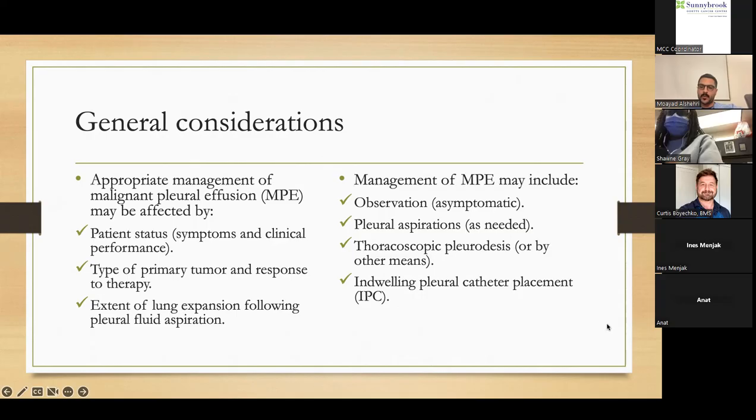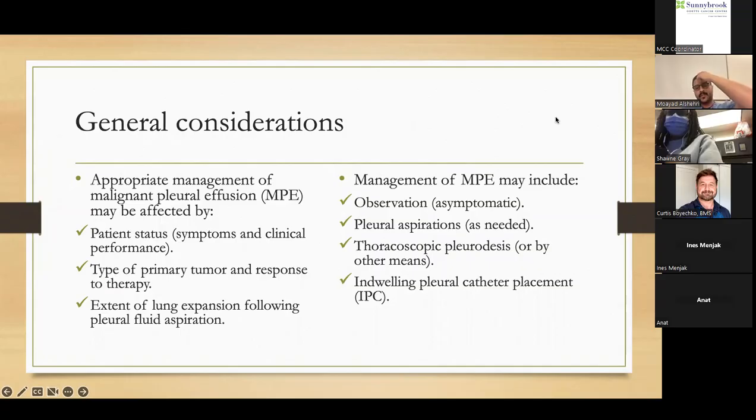What is the response to therapy, is it chemosensitive, radiation sensitive? All of these things should be factored in when making the decision of managing this effusion. One more important thing to note is the extent of lung expansion. Do they have good lung expansion, or is it a trapped lung? We will get into more detail on those things.